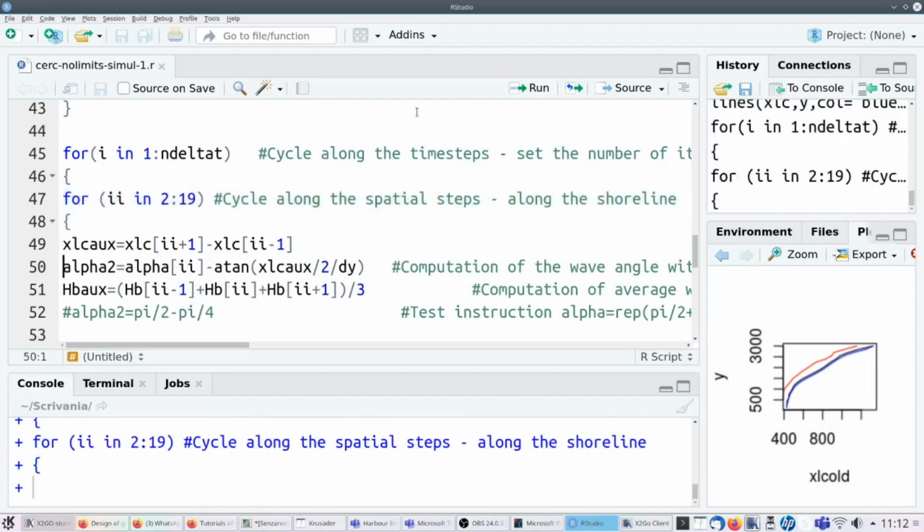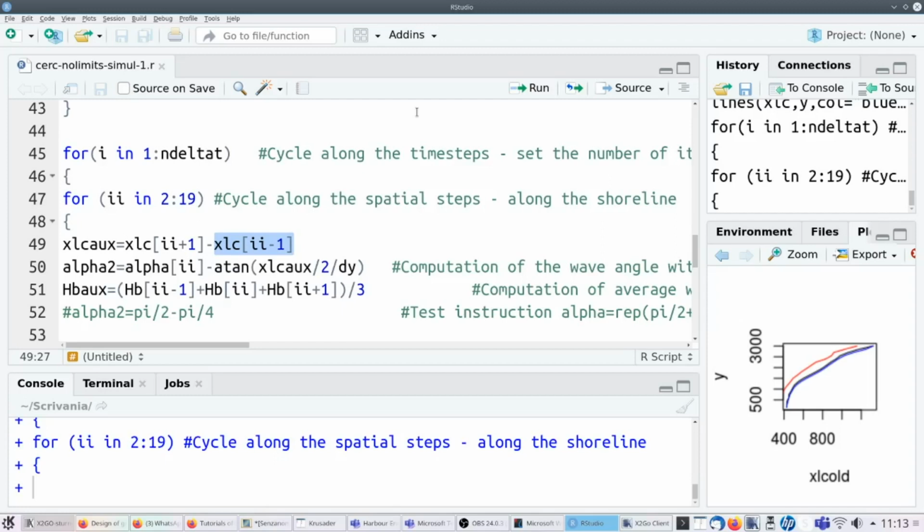Very good. And then we have the computation. First of all, there is here an auxiliary variable that is created at each spatial step. It's the delta x, the difference between two subsequent x. You see here, it's XLC double I plus 1 minus XLC double I minus 1.